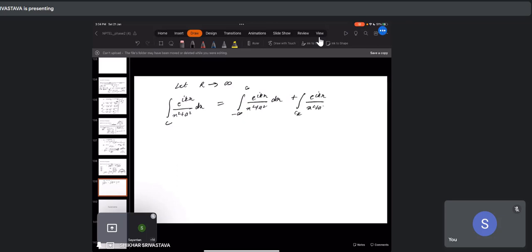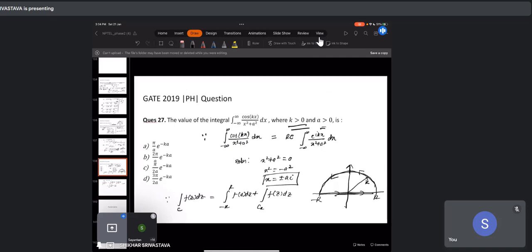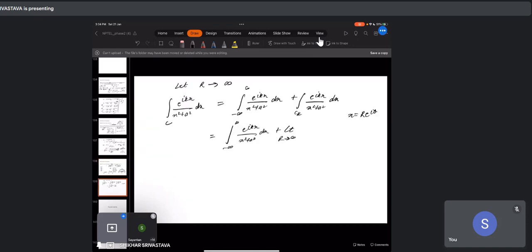Now, there is one theorem which can be used here, when we know the radius is tending to infinity. From the diagram itself, the radius is r, so we can write z as r exponential i theta, where r is the amplitude and theta is the phase.